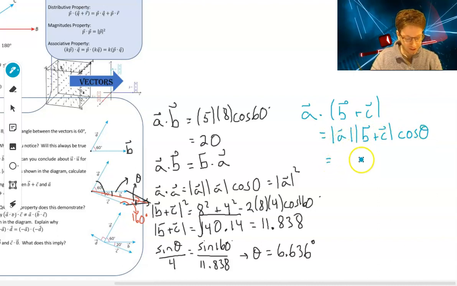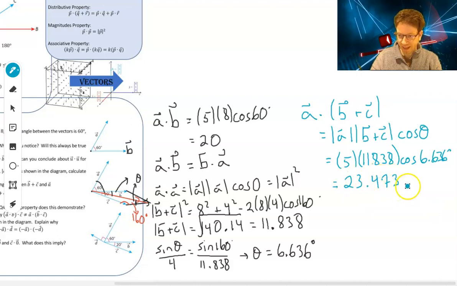So A, we know is 5. B plus C, we calculated to be 11.838. And the angle between them, we calculated to be 6.636 degrees. So we get their dot product equal to approximately 23.473, and so on.